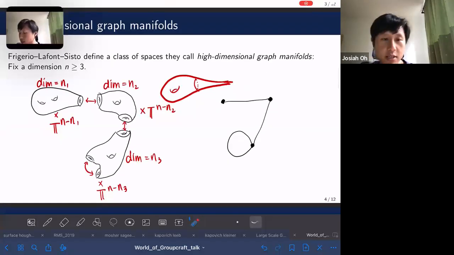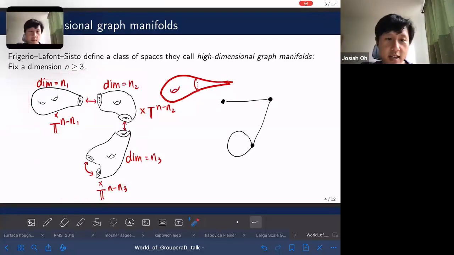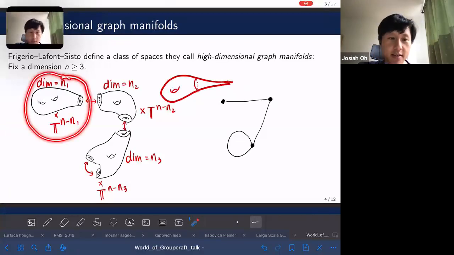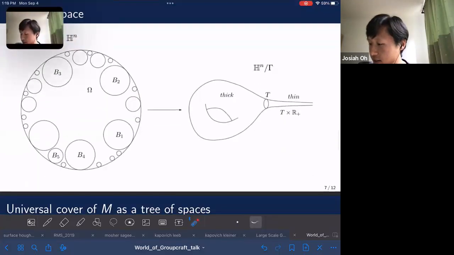So to that end, we realize that what we need to do at this point is understand the universal cover of this high-dimensional graph manifold. Let me start by describing the universal cover of a single piece. Here's a nice picture that I stole from the internet.